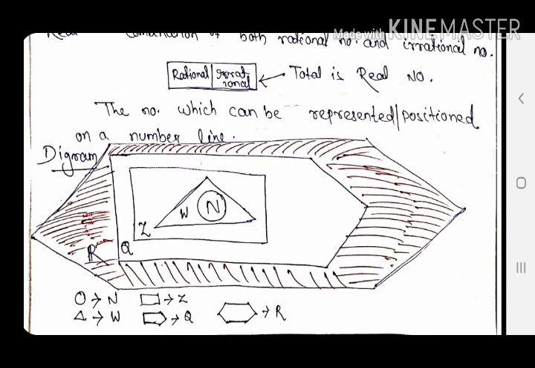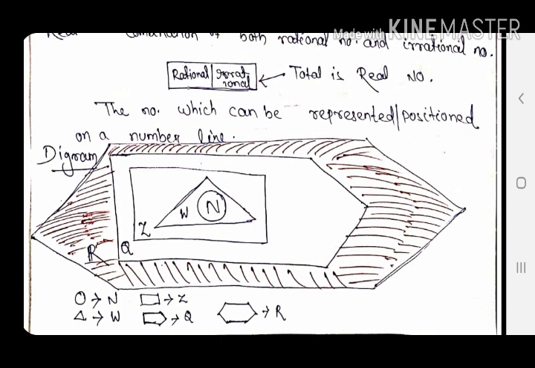So all the integers along with some extra numbers which are not integers are rational numbers. Your rectangle represents the integers, and there are some more numbers not in the rectangle, not integers but rational. Examples: 2 by 5, 3 by 7, minus 8 by 13.